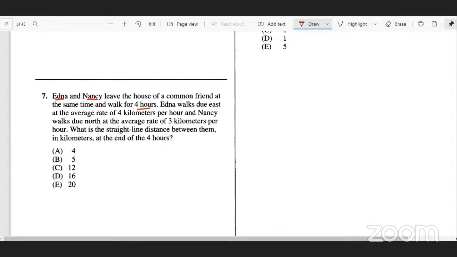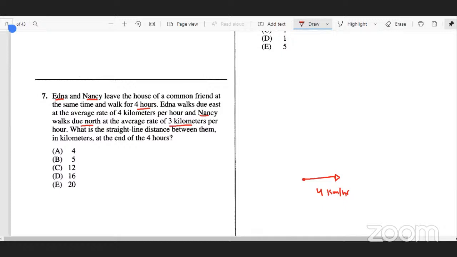So let's draw this point for Edna. This basically is a vector which has 4 kilometers per hour. So she's walking with the speed, and Nancy walks due north at an average rate of 3 kilometers.